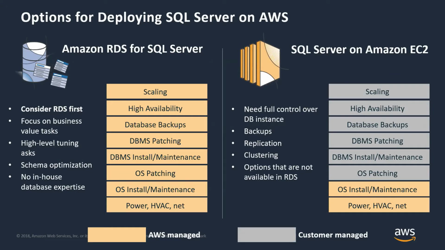When you're running SQL Server on EC2, you will be responsible for all of that. AWS takes care of the OS install and your traditional data center items. However, you will be responsible for the patching of your operating system on up. That is something that you'll need to be aware of.